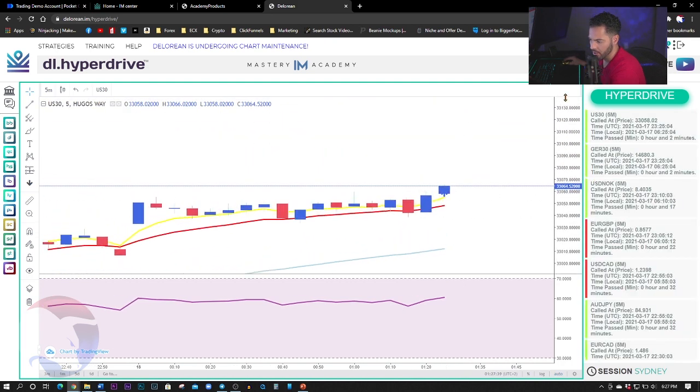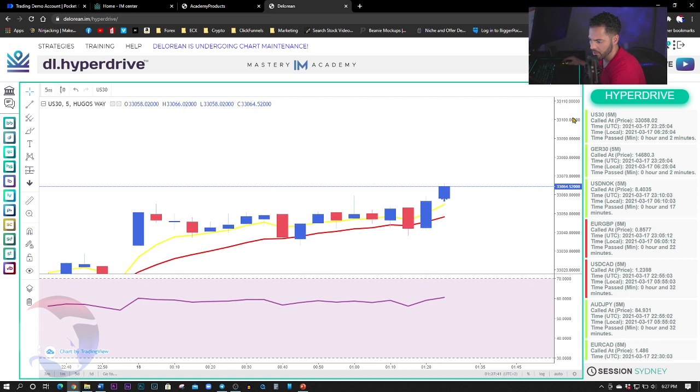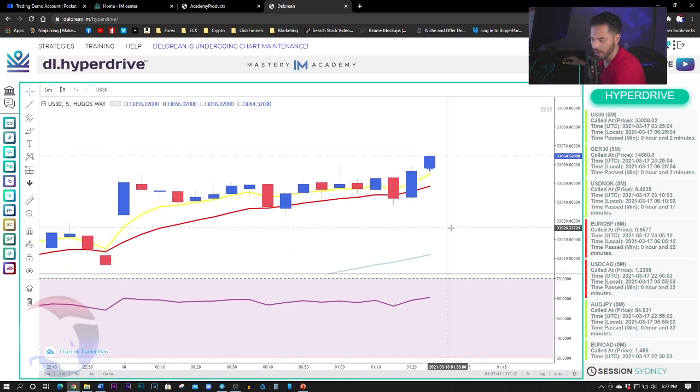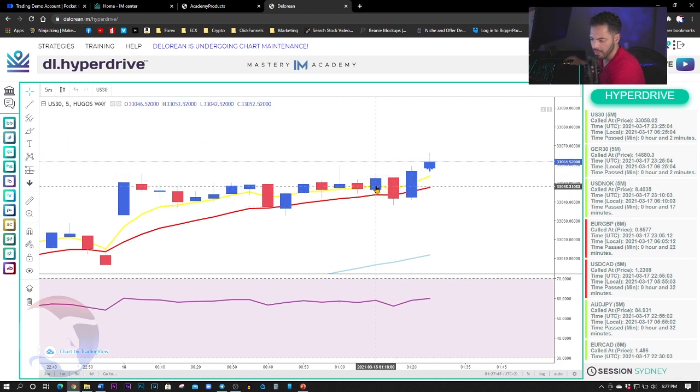Okay, so to use Hyperdrive, this is the trade setup. First, you want to see that the yellow and red lines are crossing through the two candles right here. So the bullish blue candle and the red candle, the bearish candle.